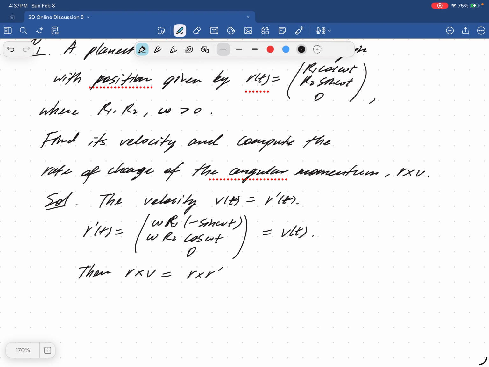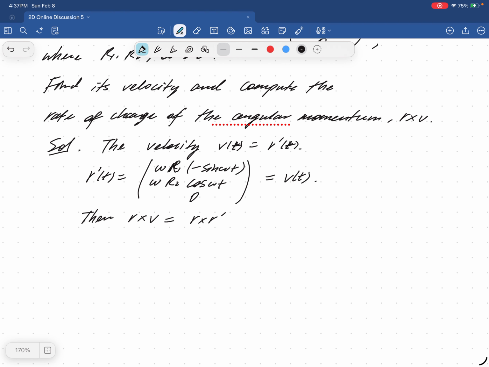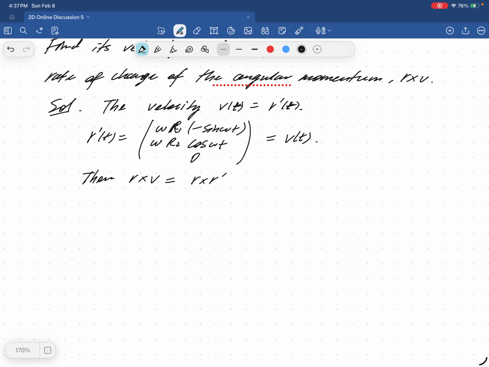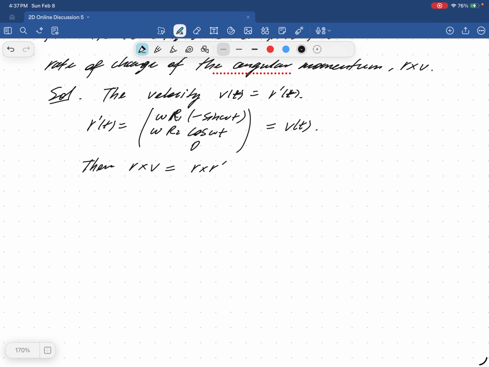But that will be a very long way with a lot of computation. So another way is to directly compute, using the product rule for cross products, the time derivative of the angular momentum.